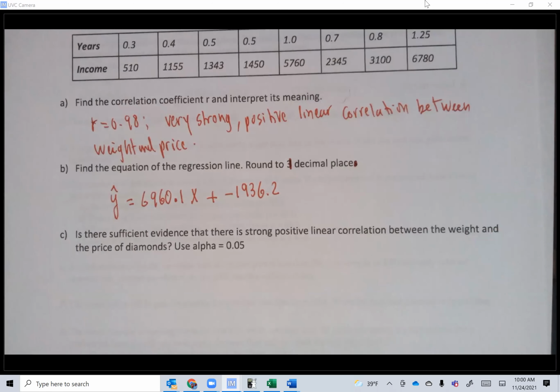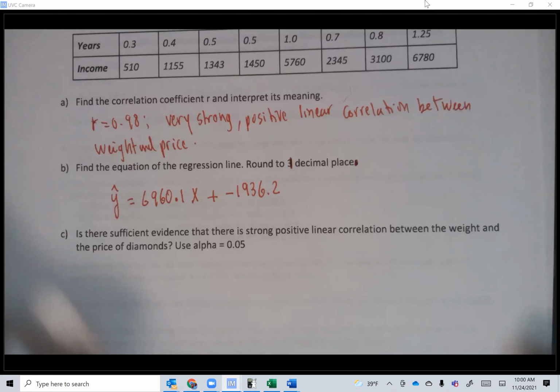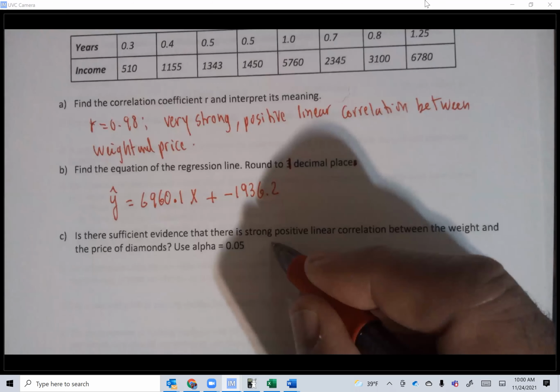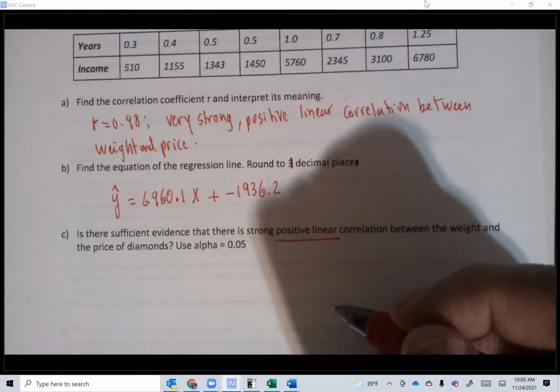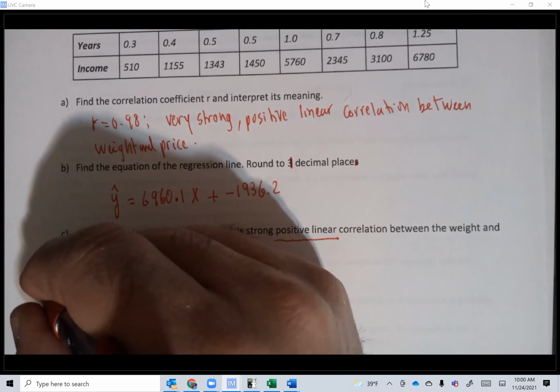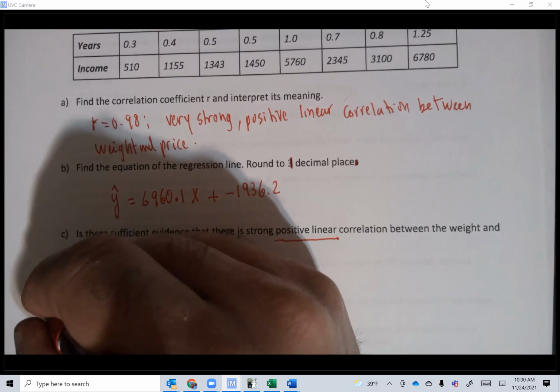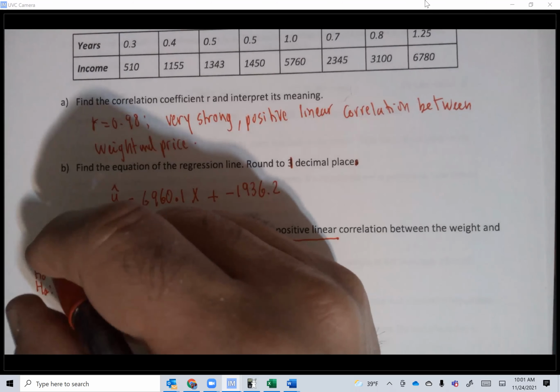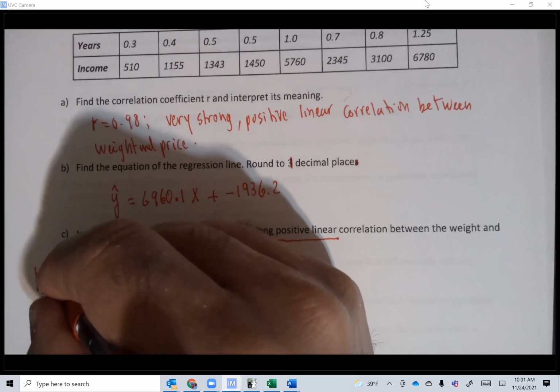Is there sufficient evidence that there is a strong positive linear correlation between the weight and the price of diamond? Okay, he says, test for positive correlation. You remember, guys, on Monday, I showed you the 3 scenarios. I'm going to put them on the side here. You have to choose always one of them. So we're going to test the population correlation coefficient rho.